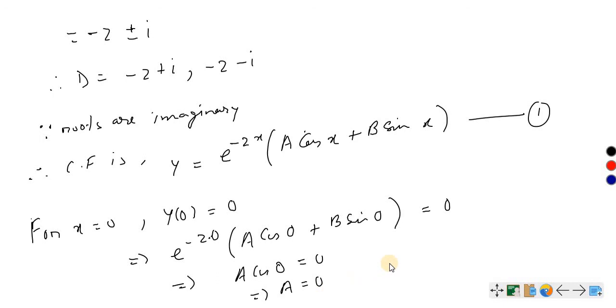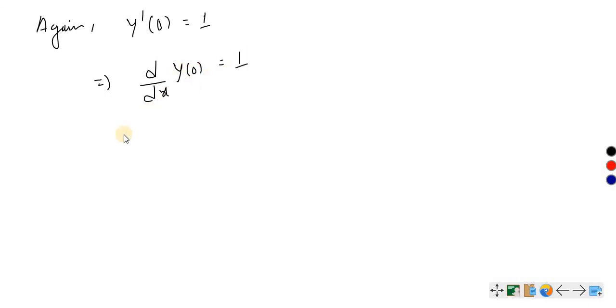Fine. Again, if I go to the second condition, y dash of 0 is 1. So what will be my y dash? Differentiation of y. y dash of 0 equals 1.